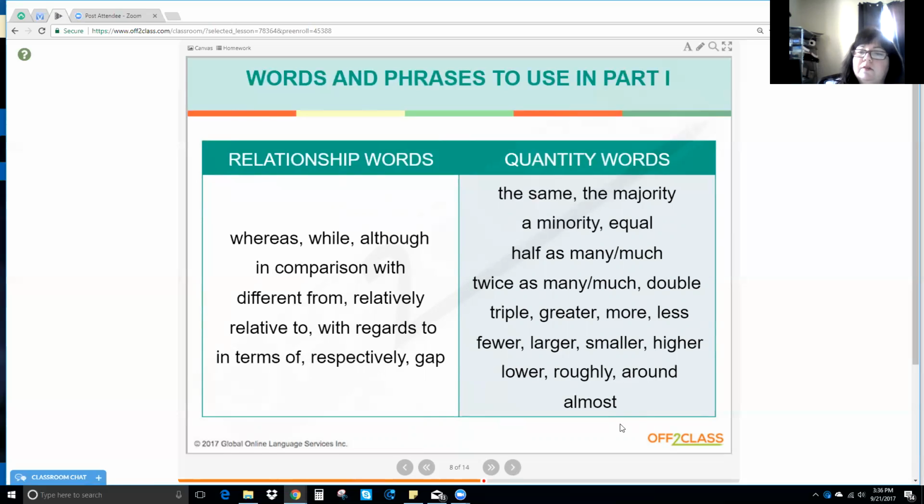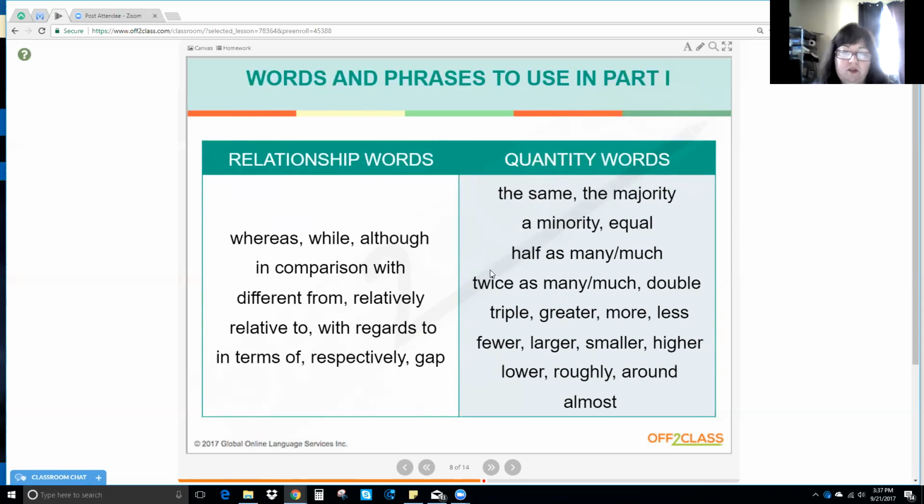Okay, quantity words we might use are the same, the majority, a minority, equal, half as many, much, twice as many, or much. Make sure you understand the difference in many and much and when to use each. Double, triple, greater, more, less, fewer, larger, smaller, higher, lower, roughly, around, most.